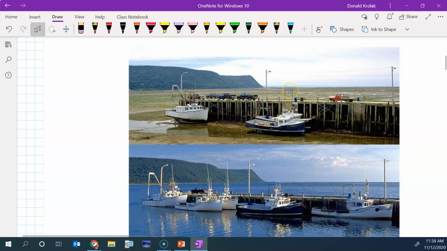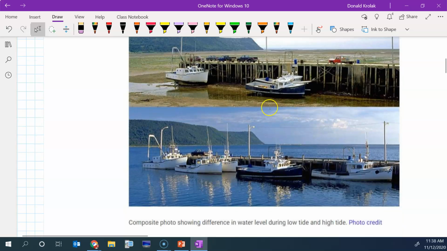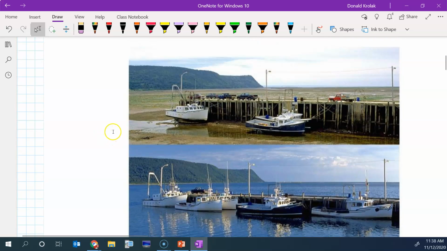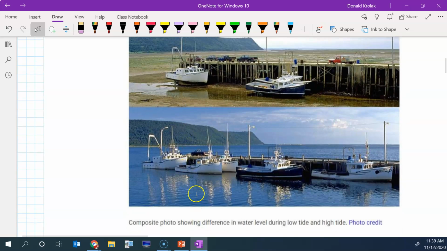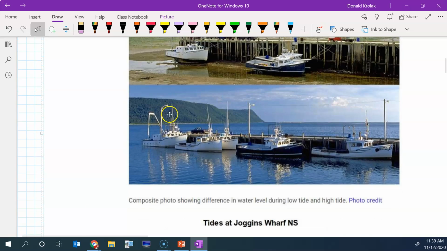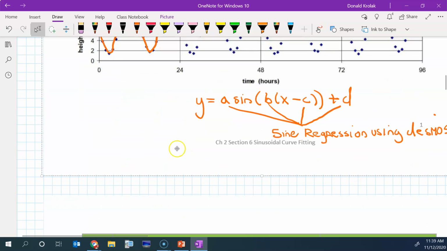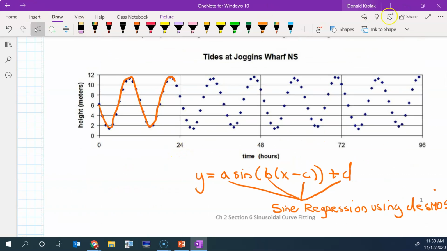If any of you have gone to the beach, you could walk way out at low tide, and at high tide the water's way high up on the beach. You go back and forth. But it's pretty amazing. It's like 40 feet, 43 feet of water that comes in and out twice a day. So we'll look at that tomorrow. Pretty cool.